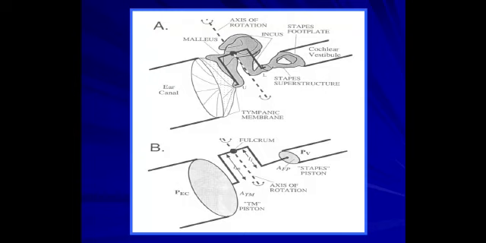If there is a lesser force, there is more force transmitted along the long process of the incus towards the footplate of the stapes, and this is mainly because of the axis of rotation.